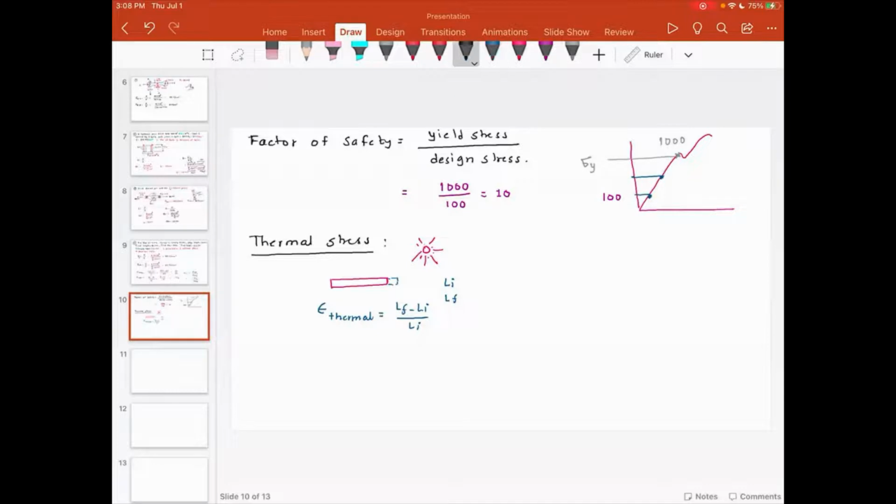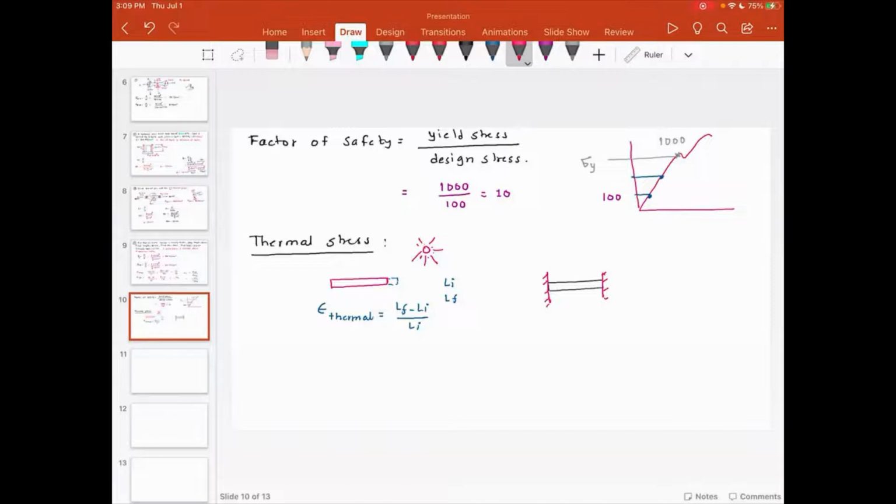Now consider a slightly different case. Same rod, but this rod is held in between supports. These supports are rigid. These supports are not moving. So what happens is, same thing. Because of the rise in temperature, the rod tries to extend, but these supports hold this rod in place.